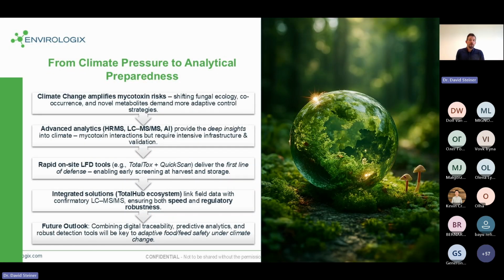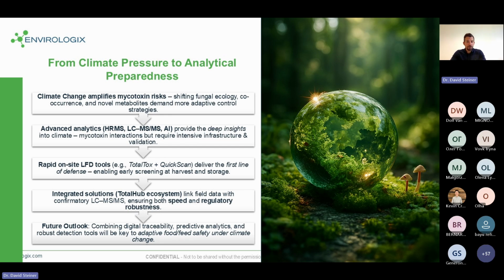And with that, I'm already coming to an end of today's webinar, where we could see that climate change is already reshaping mycotoxin risks, driving shifts in geographic prevalence, but also in the co-occurrence patterns and fungal metabolite profiles. These changes have a massive impact on food and feed safety, requiring proactive integrated strategies like those from EnviroLogix.